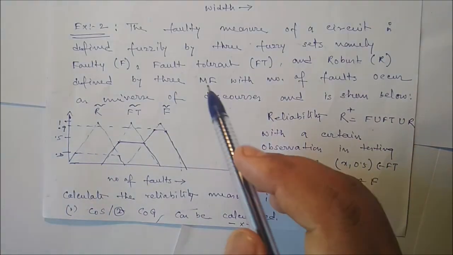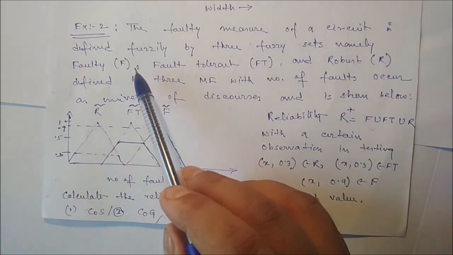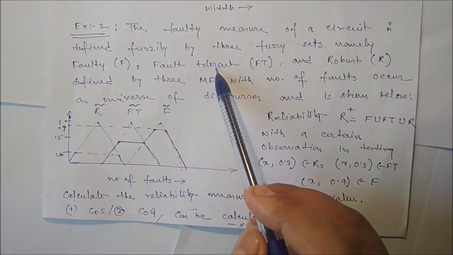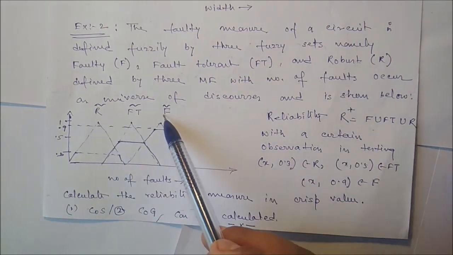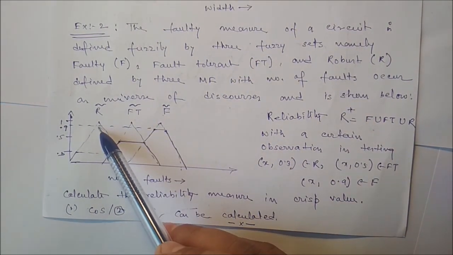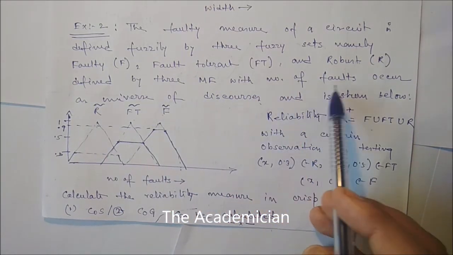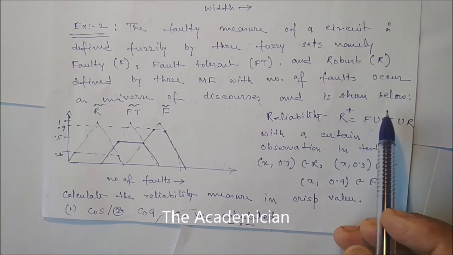We can see another example. The faulty measure of a circuit is defined fuzzily by three fuzzy sets, namely faulty, fault tolerance, and robust. These are defined by three membership functions with the number of faults occurring as the universe of discourse, as shown below.